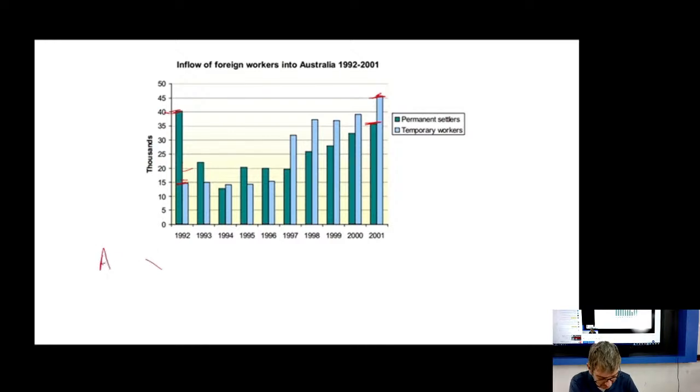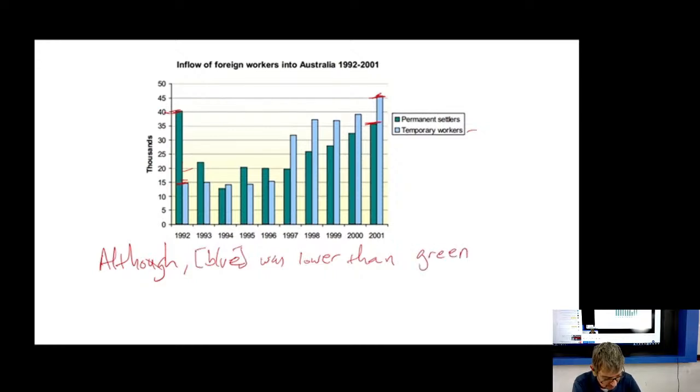Alright, so how can we say that? Throw in a nice transition word. So although blue, the number of temporary workers, although blue was lower than green, so swap these out for the actual meaning of green.